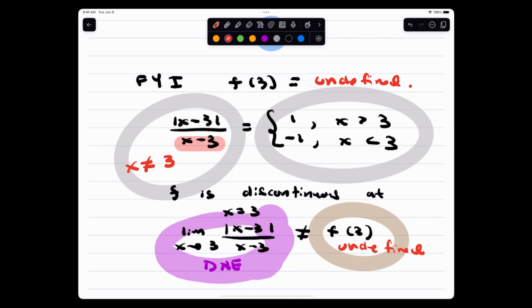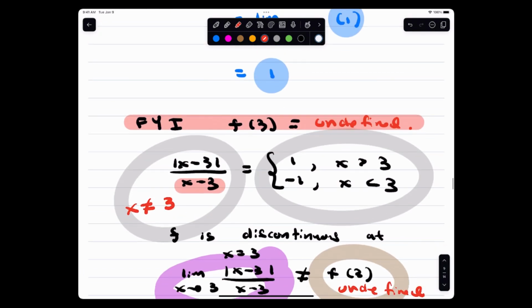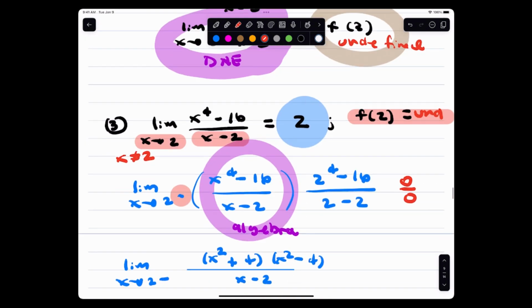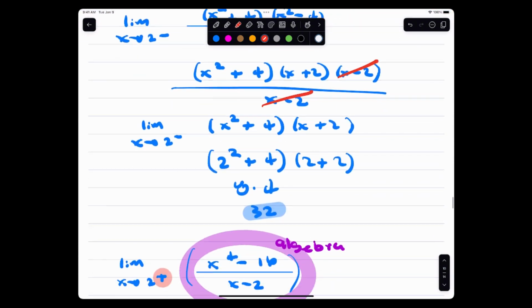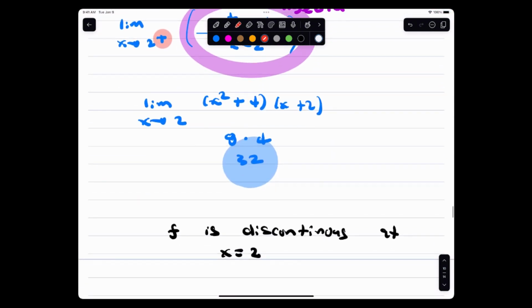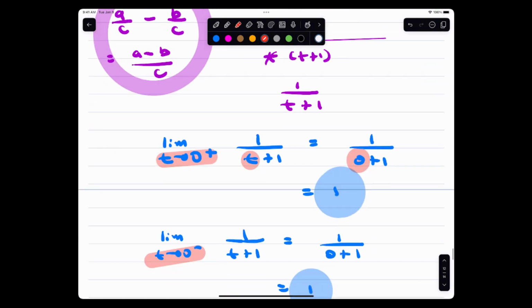Undefined. All righty? And that's where the mistake was, and we're nicely highlighting. It's just like, ladies and gentlemen, that removable discontinuity. It's just like the last problem, like number 3. It's the same logic, by the way. It's undefined at the value, and it's also discontinuous. So anyway, just want to make that clarification.